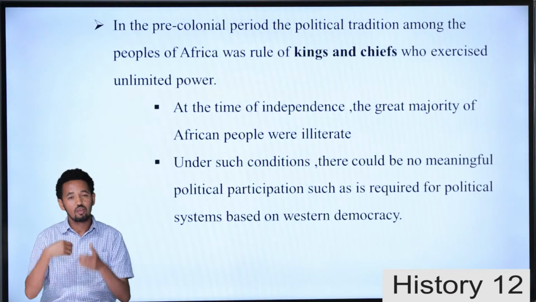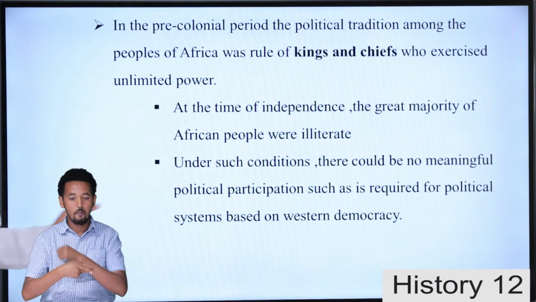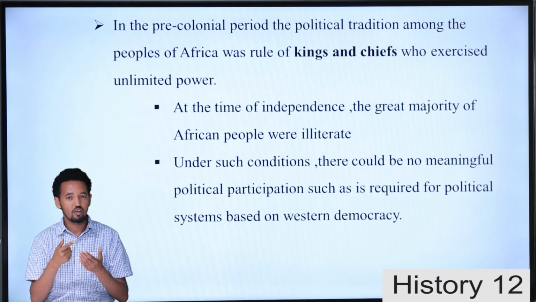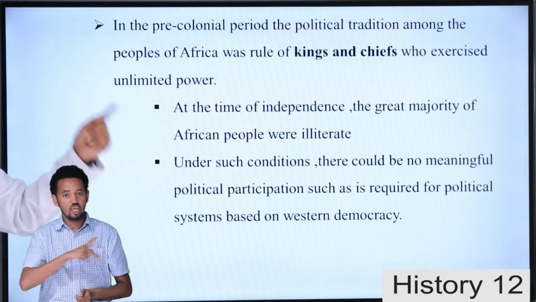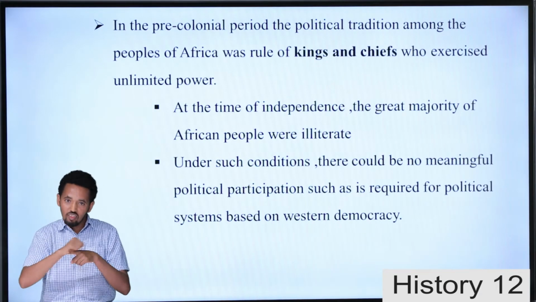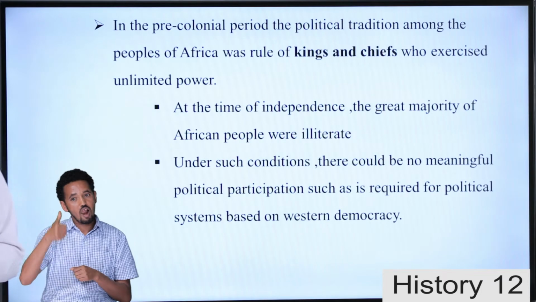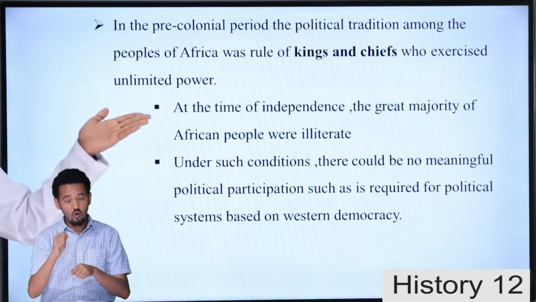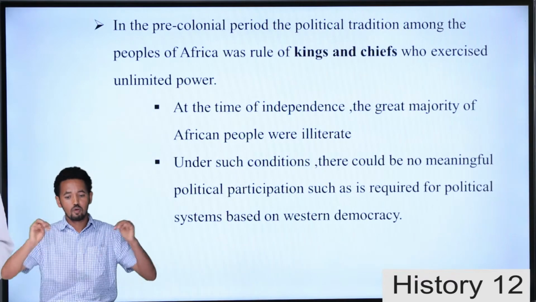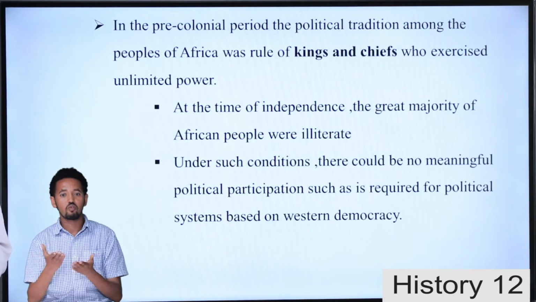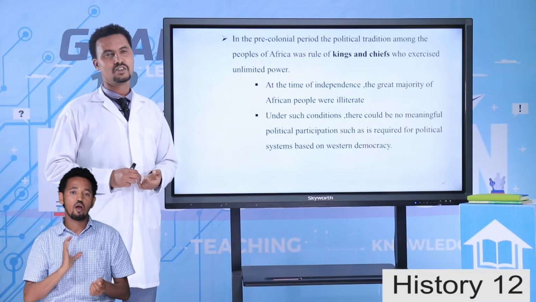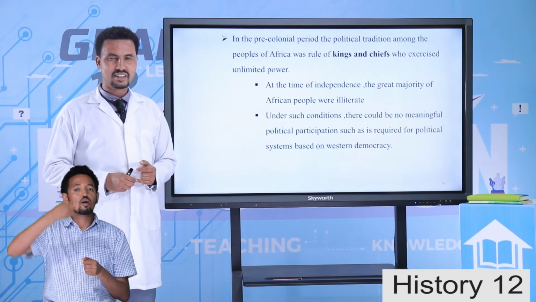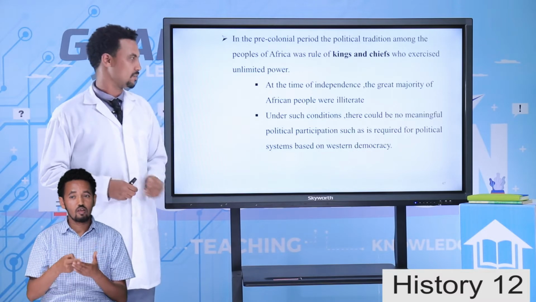In the pre-colonial period, the political tradition among the peoples of Africa was rule by kings as well as chiefs who exercised unlimited power. At the time of independence, the great majority of African people were illiterate, including in our country, Ethiopia. Our country, Ethiopia, was never colonized, but there was a high number of illiterates, as in the African countries.